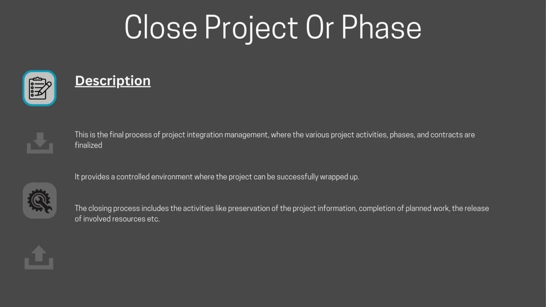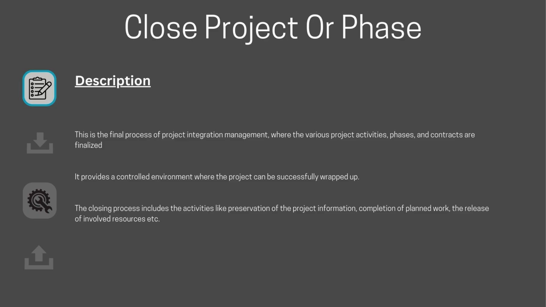It's important to remember that when we talk about closing, it is not just about the overall project closure, but also about closing specific phases. Projects have multiple phases, and each phase needs to be closed when it is completed. Closing a phase means completing the planned work, releasing resources, and ensuring all project information is properly preserved. This ensures a successful wrap-up of the project or its phase.